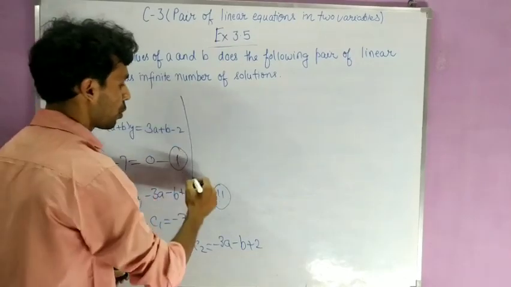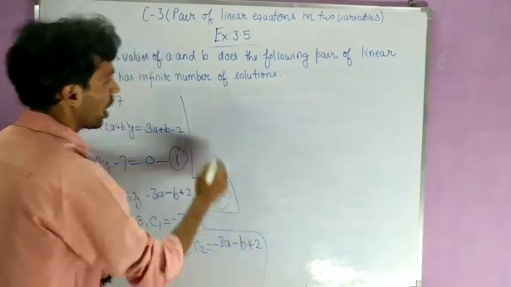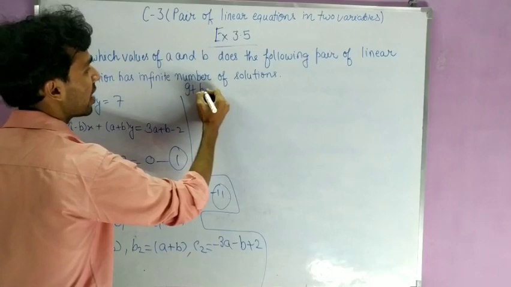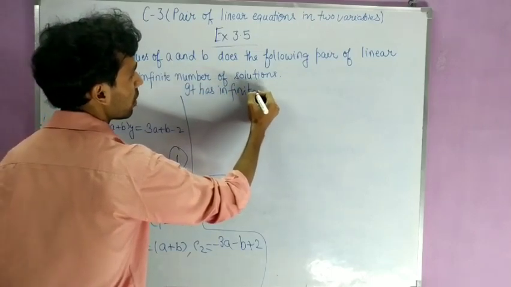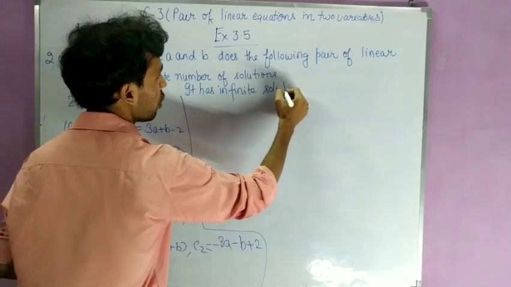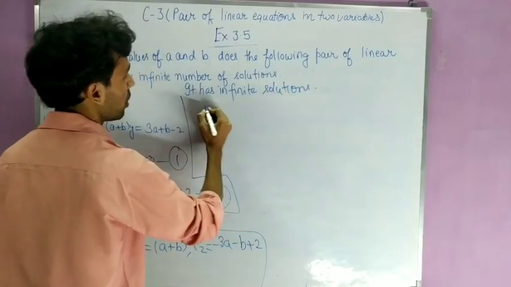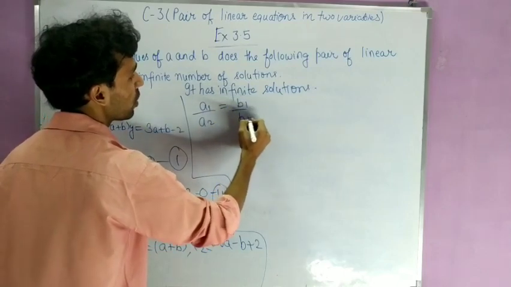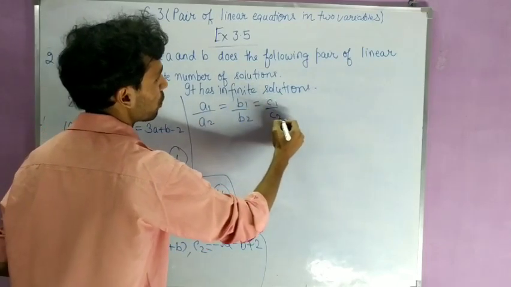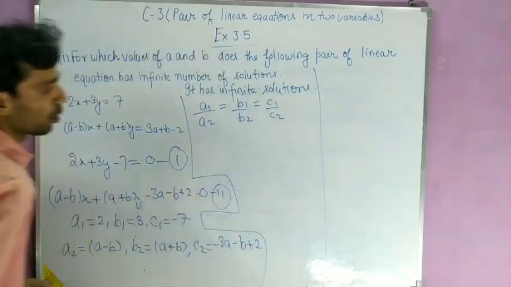Now because it has how many solutions? It has infinite solutions. So what is the condition for infinite solutions, student? a1 upon a2 is equal to b1 upon b2 is equal to c1 upon c2. Okay.